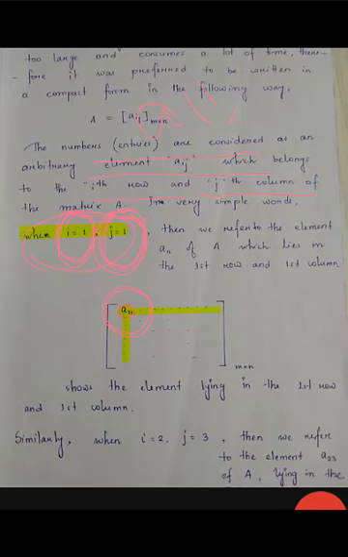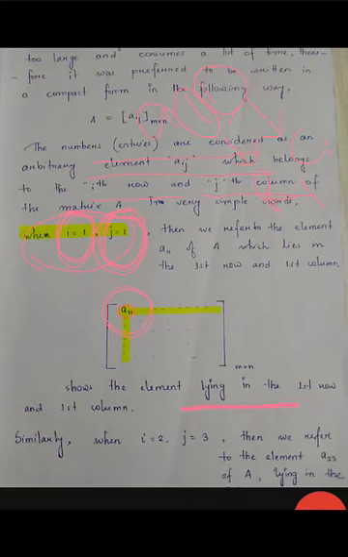Because when the value of i is equal to 1, it refers to the position of the row, and when j is equal to 1, this also refers to the position of the column. In other words, the element is lying in the first row and first column, that is, in R1 and C1. R1 stands for row 1, C1 stands for column 1.